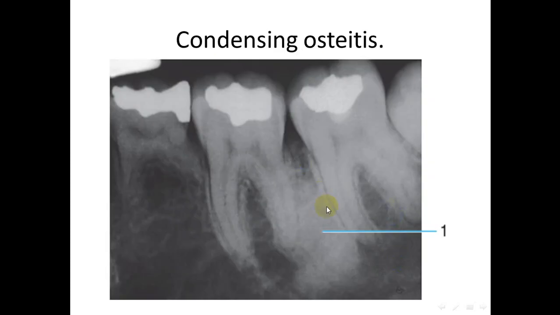Here there is a condensing osteitis, which is a radiopaque sclerotic hardening of the bone. It is an idiopathic response of the jaw to form more, condensing bone between those two teeth.